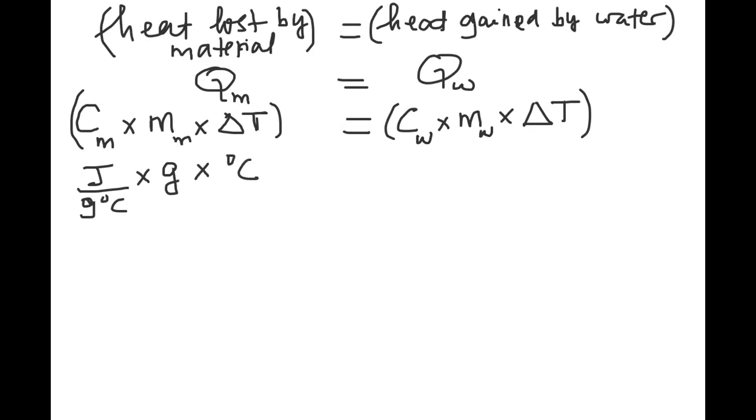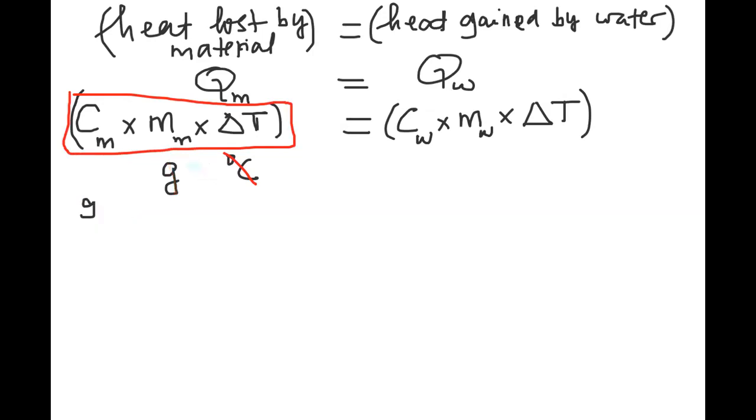So a gram and a gram cancel, degrees Celsius cancels, and you remain with joules. That tells you it's the amount of heat energy lost. So this formula is the formula for the heat lost or heat gained.